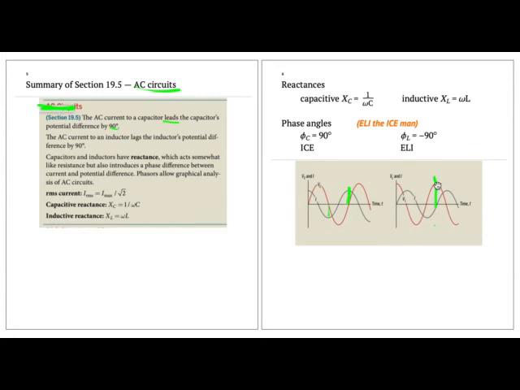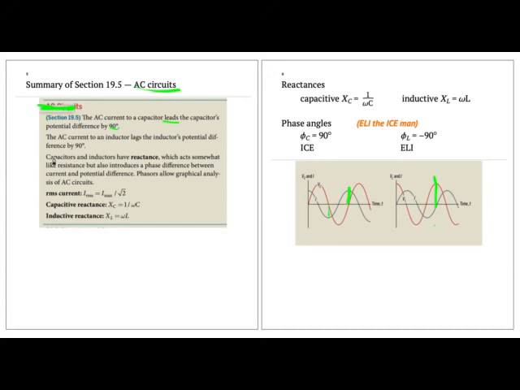When the voltage reaches its maximum value, the current is only 0. It hasn't reached its maximum value yet. It will reach its maximum value a little later. So the current is lagging behind the voltage. Okay, so that's part of the summary.